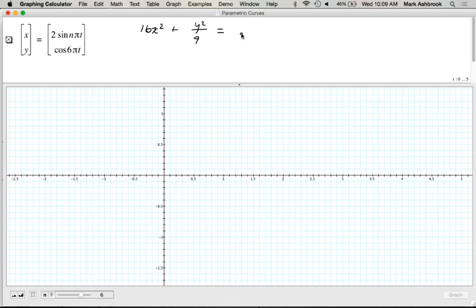Is that what I want? Okay, see if you can write the parametric version of this ellipse. Can you write the parametric version of this ellipse?